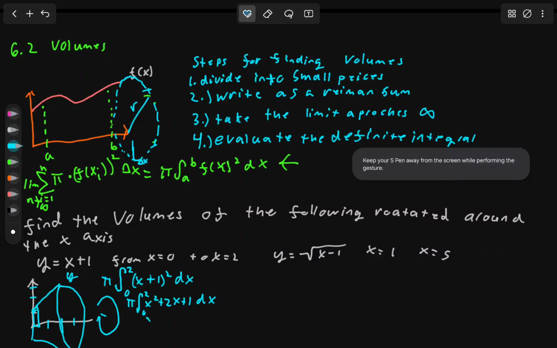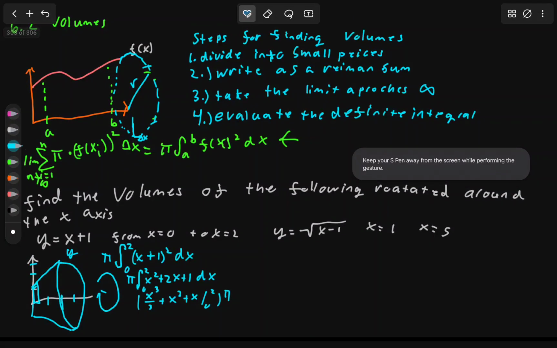Now, integrating this, we get x cubed divided by 3 plus x squared plus x, evaluated from 0 to 2, times pi.